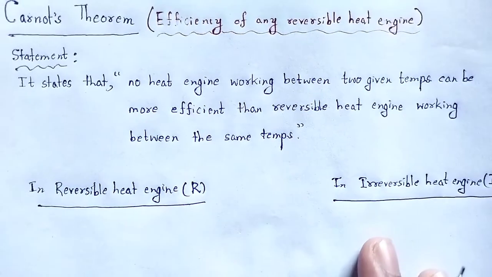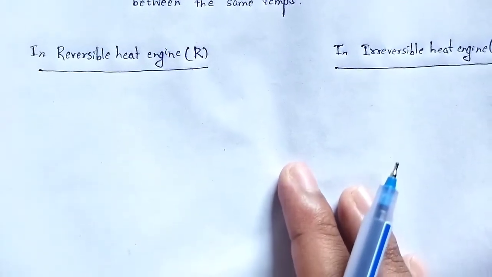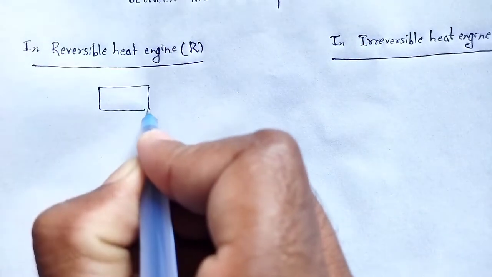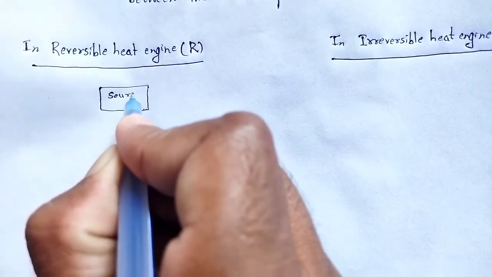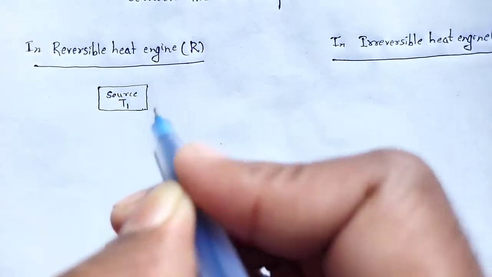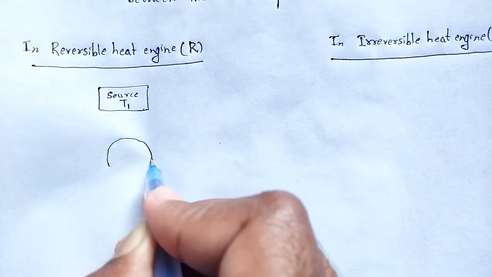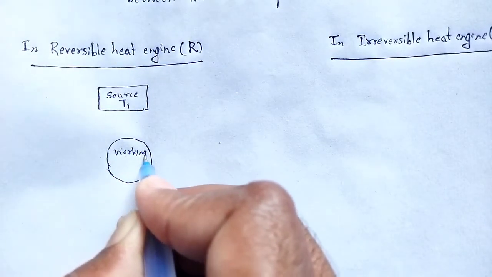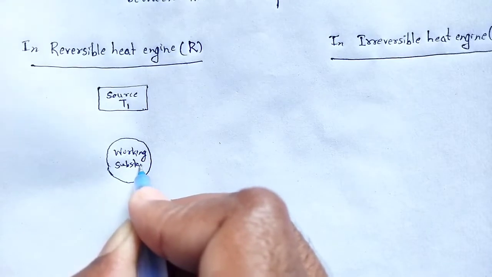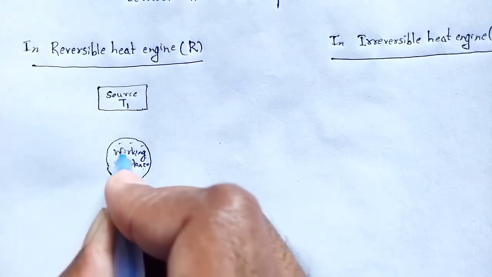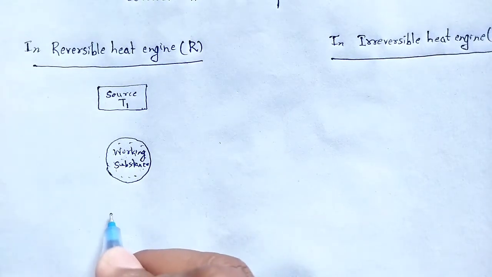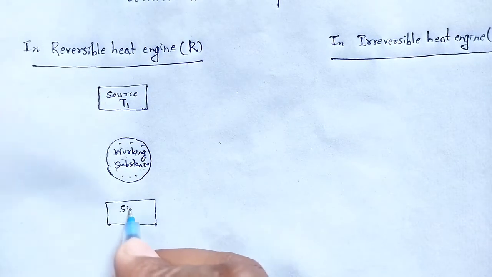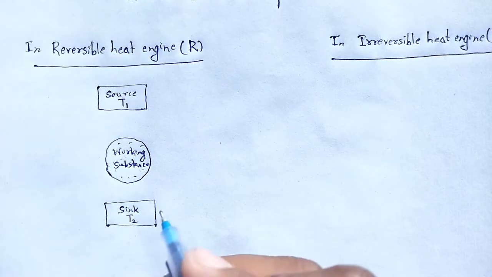So, we have to draw the figures here. In the reversible heat engine, let this be the source, which is at temperature T1, here is the working substance, and here is the sink, which is at a temperature T2.